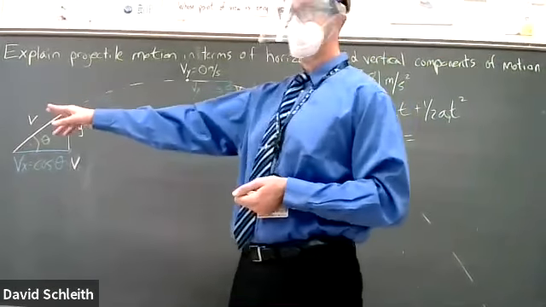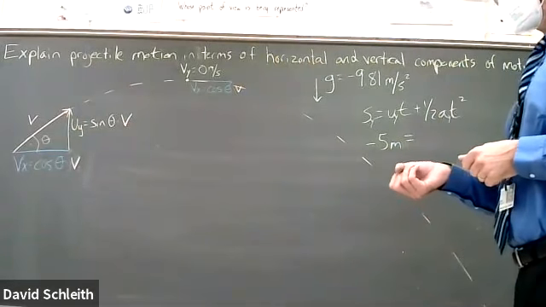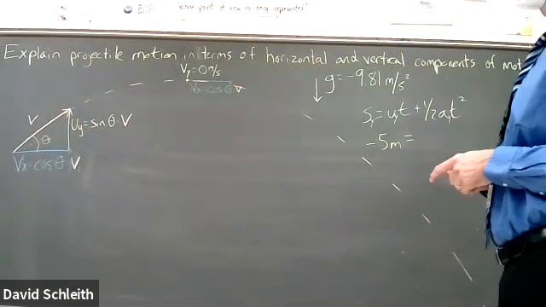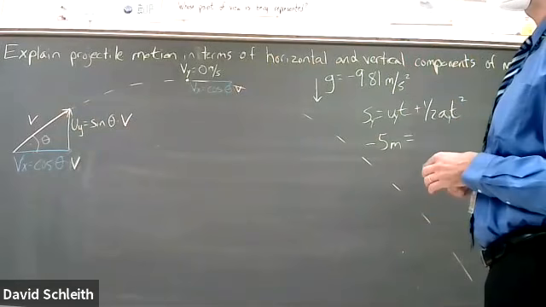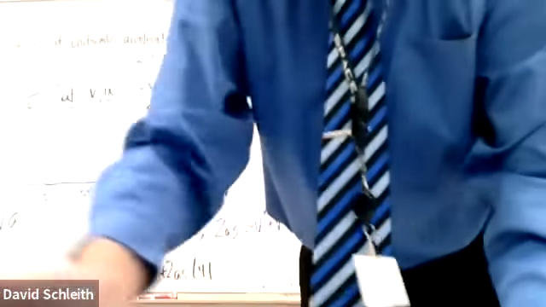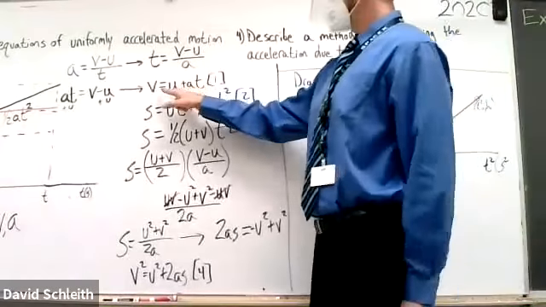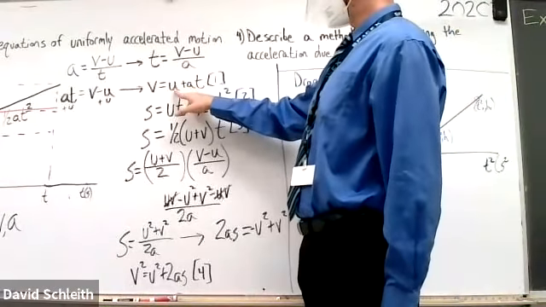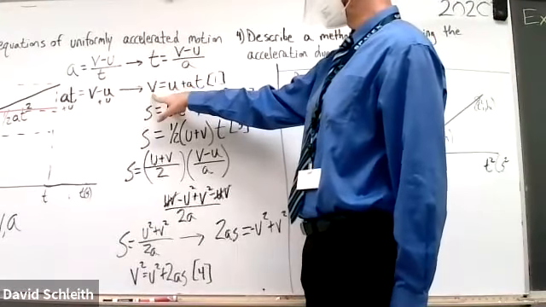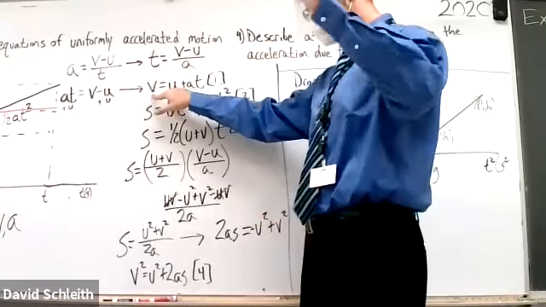Well, if we think about h equals 1/2 g t squared, if I throw something up in the air, I could time it. One of these equations has got to be helpful. If I throw something up in the air with an initial velocity, it'll eventually reach a speed of 0, unless I throw it really fast and it leaves Earth's gravity field.